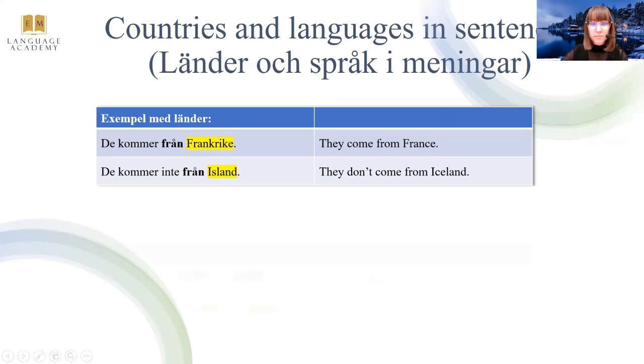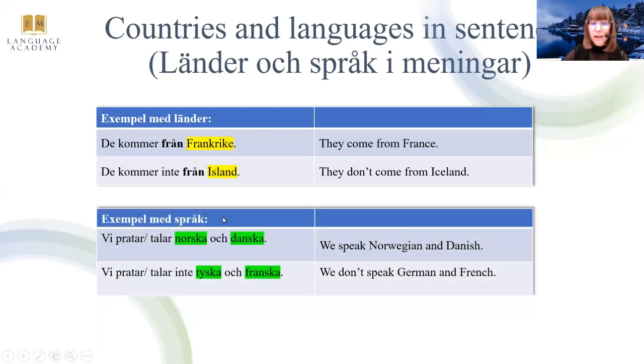What about the languages? Exempel med språk. Examples with languages. Vi pratar eller talar norska och danska. We speak Norwegian and Danish. Or if you want to make the sentence a negative one, vi talar inte tyska och franska.